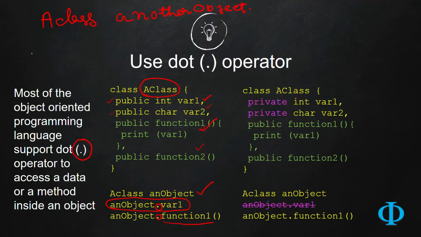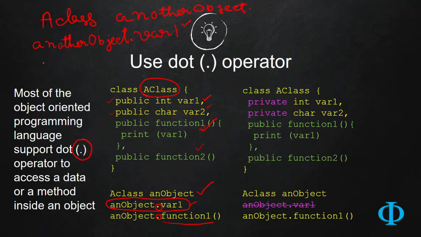Now if I do another object dot var1, this var1 is totally different from this var1.